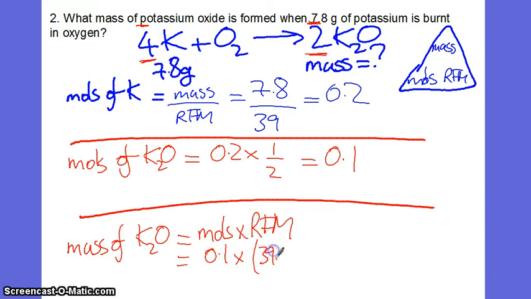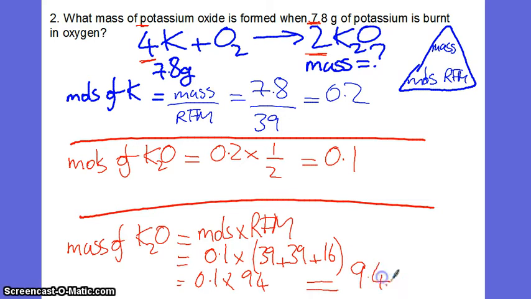Potassium is 39, there are 2 potassiums and 1 oxygen, so the RFM is 94. 0.1 times 94 gives 9.4 grams. Hopefully again you should see your 3 stages: work out your moles, then use your ratio, then convert the moles into mass.